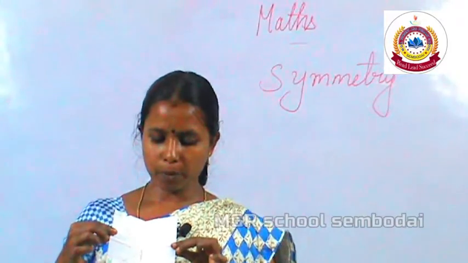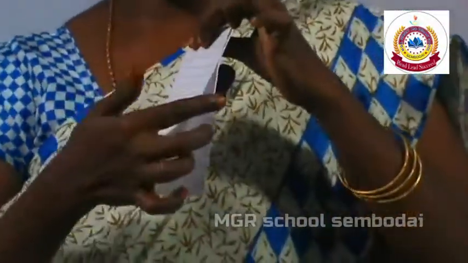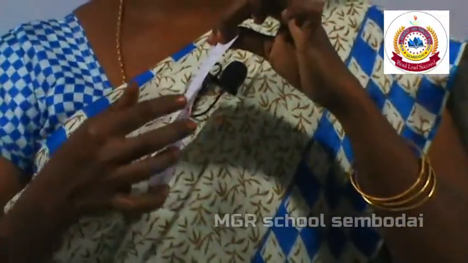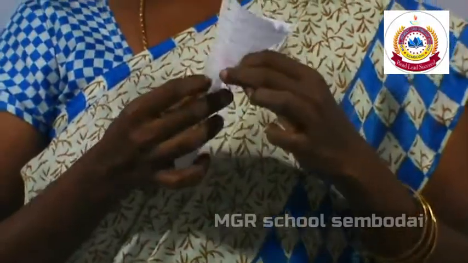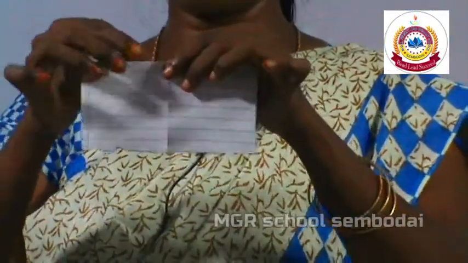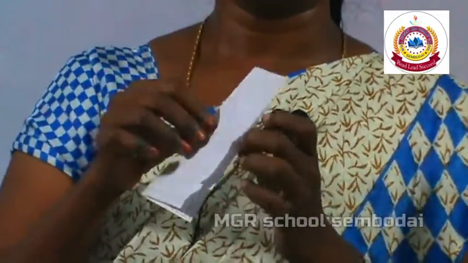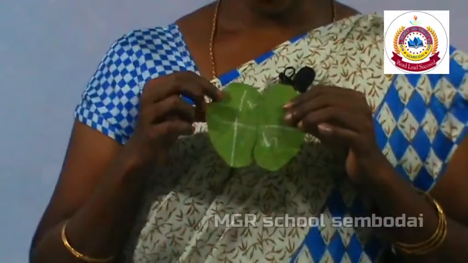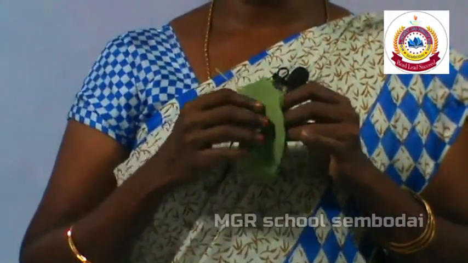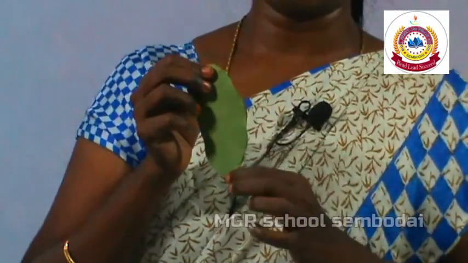If I am folding the paper into 2 halves, both the halves match exactly. If I fold like this, both the halves are exactly equal. Look here, I have the leaf. I am folding this. Both the sides match equally, isn't it?